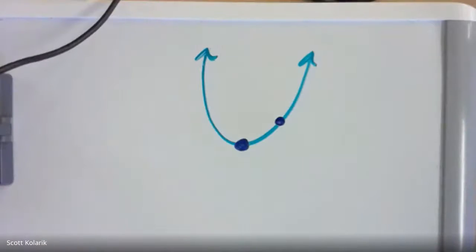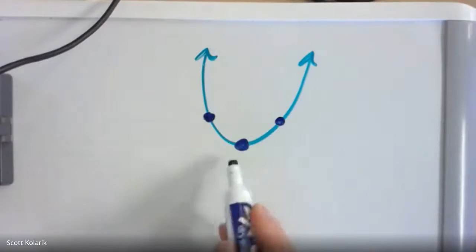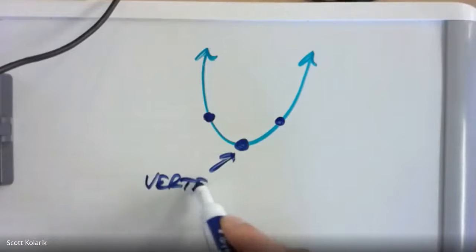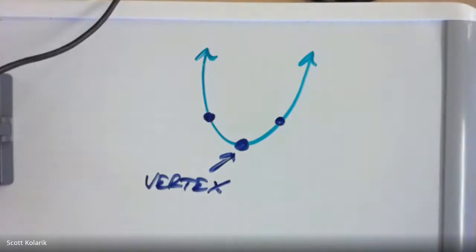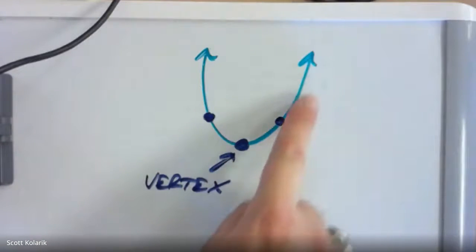So what mathematicians find is that if I can get three points, namely the vertex, and then pick a point on either side of it, because this is what's called a symmetrical shape.